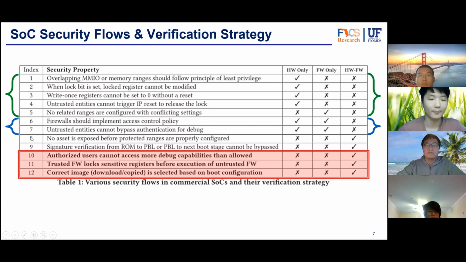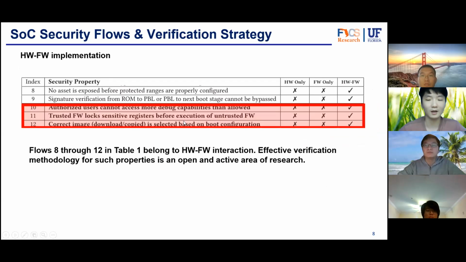And flows 8 to 12 in the table belong to hardware-firmware interaction. Effective verification methodology for such properties is an open and active area of research, which is also the key point of our presentation.